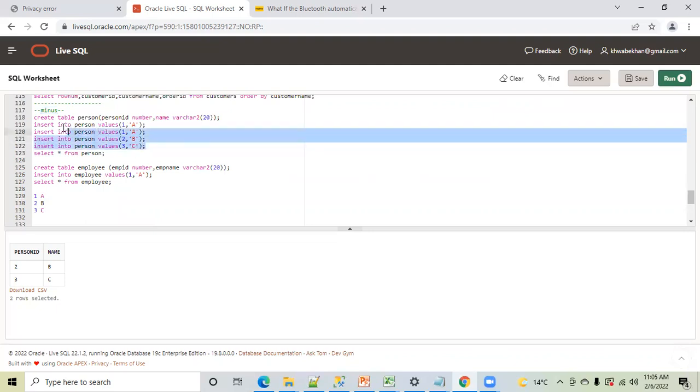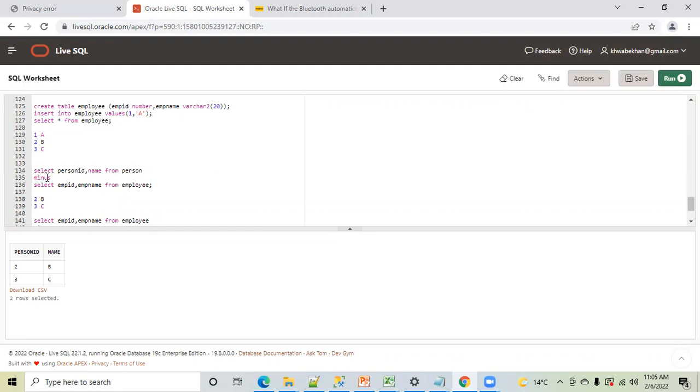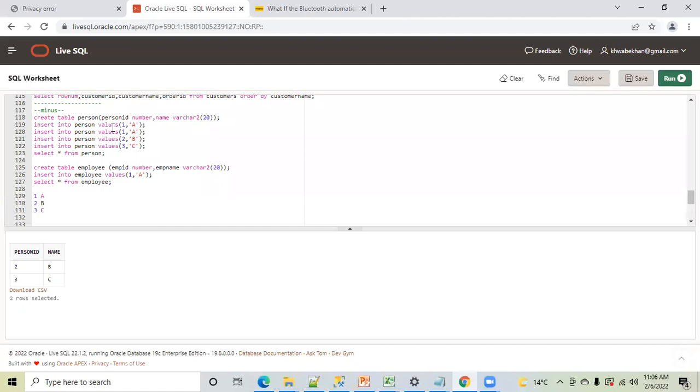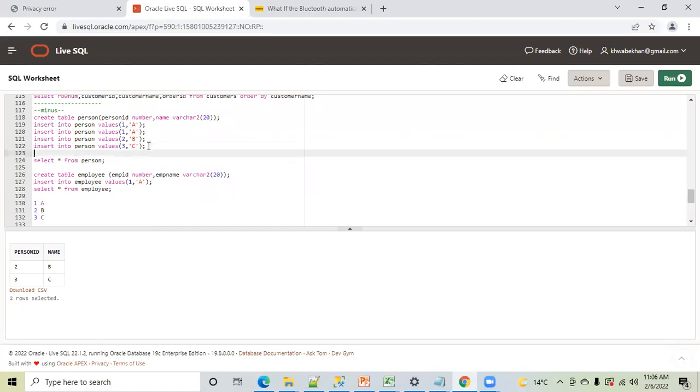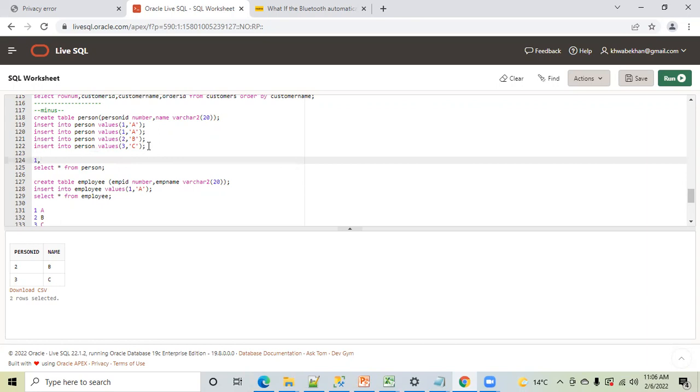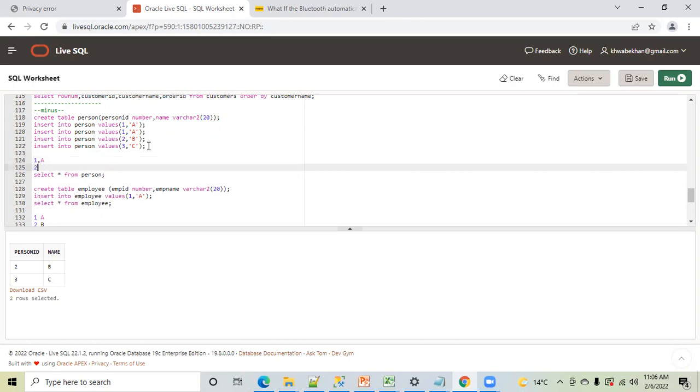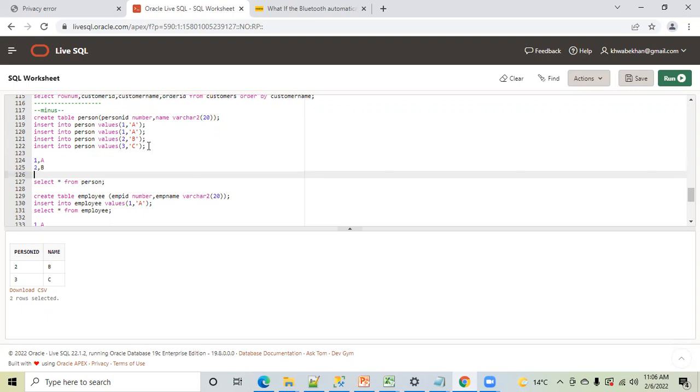I agree that I have this record in the table, but when the SQL engine sees that the user is using the minus operator on the person ID and name columns, it will first of all remove the duplicates. That's the first task the SQL engine will do. So now this is the final set of data you have.